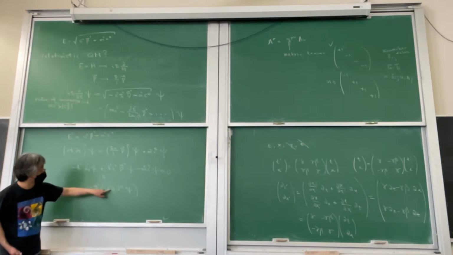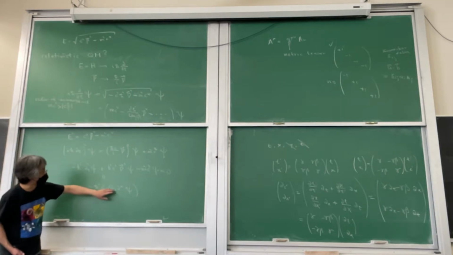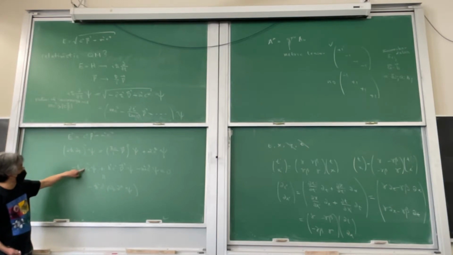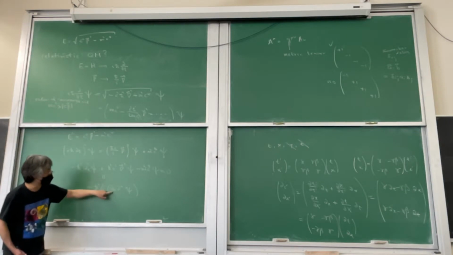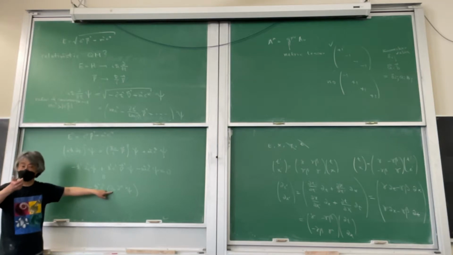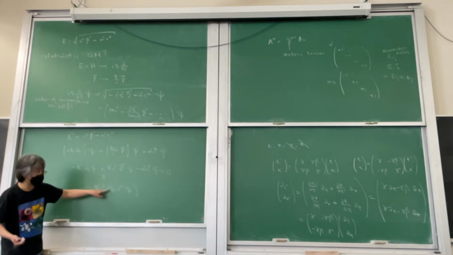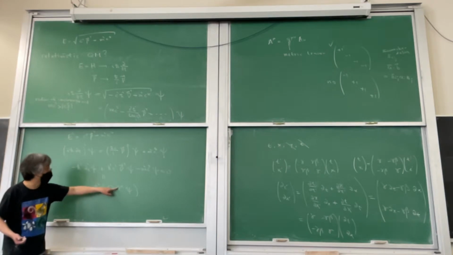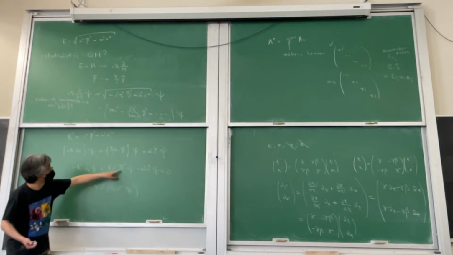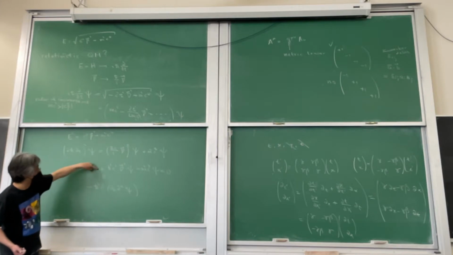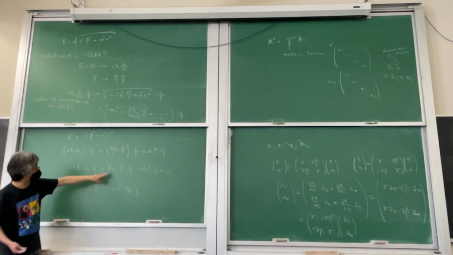The 1 over c cancels the c squared. So this is del t squared, that is this one. But for the spatial components, we are supposed to flip the signs. So this is del x, del y, del z. This is minus del x, del y, del z. So they sum up to this nabla squared with the opposite sign. So that's this combination over here.